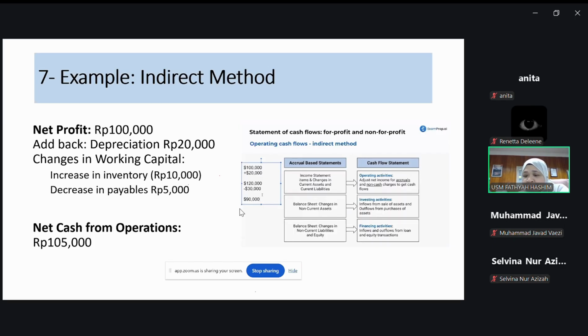You can double check that for investing activities, the changes in the non-current assets, the fixed assets, equipment, property, vehicles, would reflect the investing activities for that year, in cash terms, and also the changes in the non-current liabilities for the financing activities and equity.